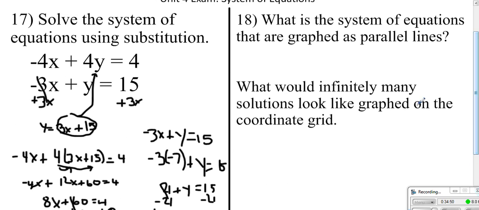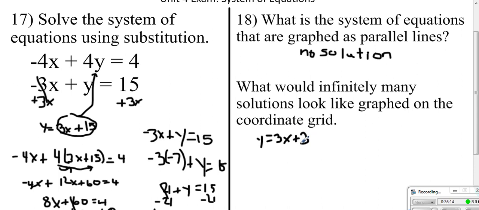Number 18 says, what is the system of equations that graph the parallel lines? No system or no solution. What would it look like graphed on a coordinate grid? Well, something like this. This is not a coordinate grid, but plus 3.